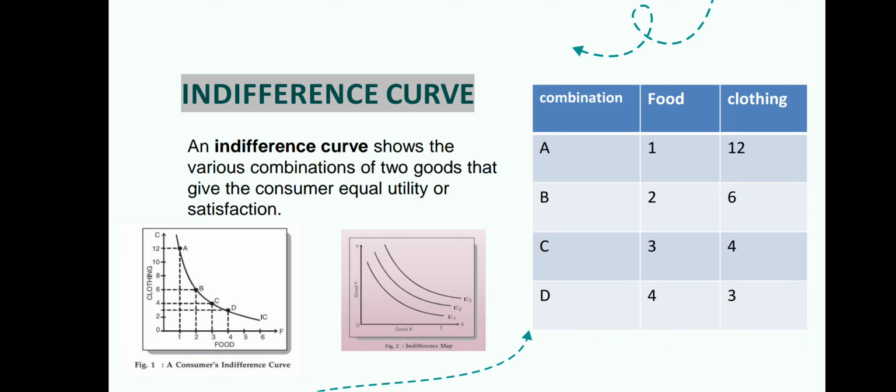If we look at the first picture of this slide, we can see that with these combinations of two goods we get 4 points, and there is a curve which is our expected indifference curve. When we get a set of indifference curves or IC curves, this is called an indifference map.